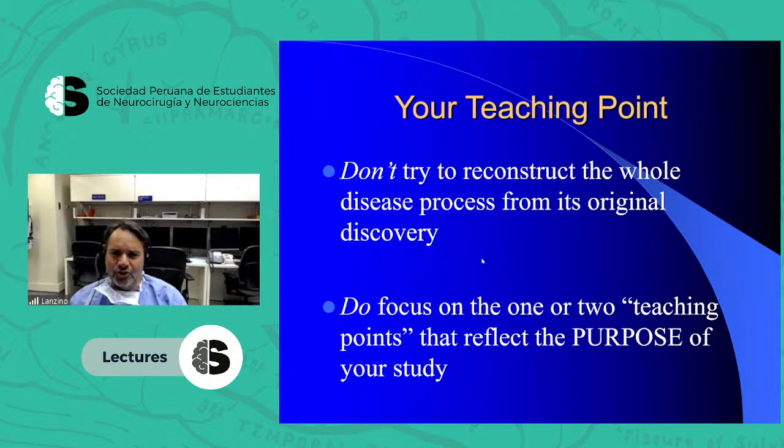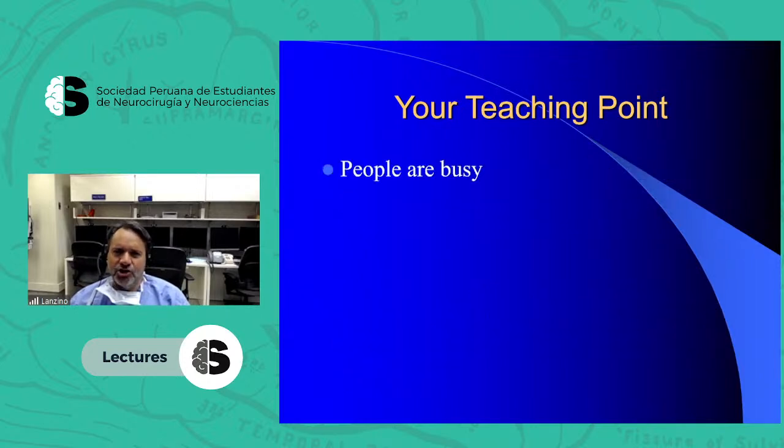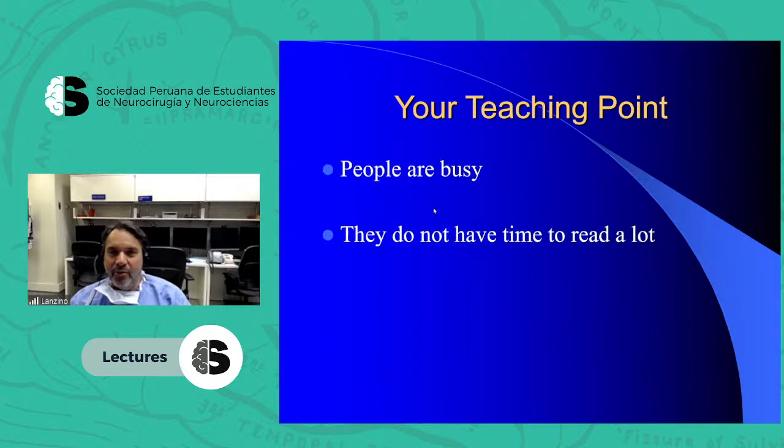Again, I want to stress that in a medical manuscript, if you have 2, at the most 3, teaching points, you already have a lot of material, and you have already achieved a lot. So remember, people are busy.